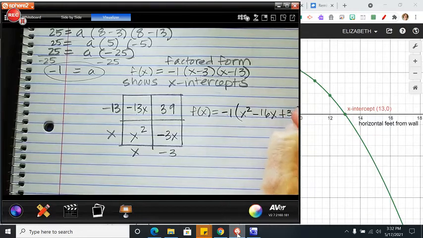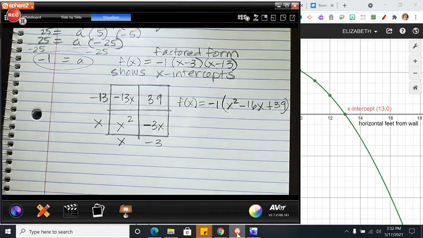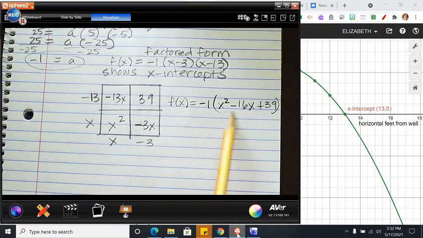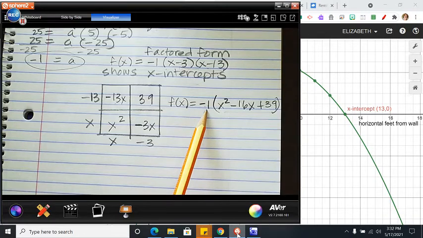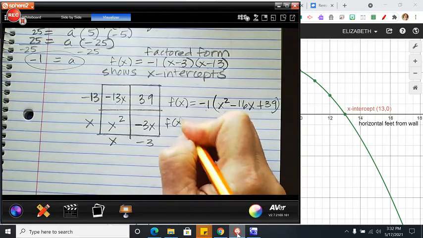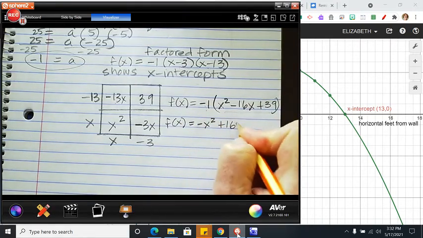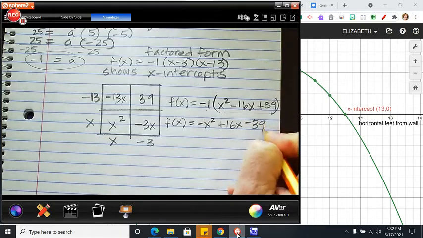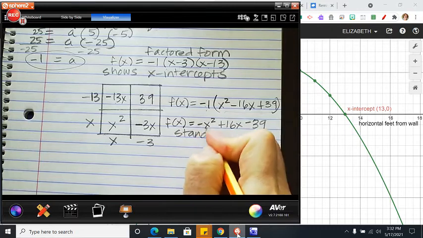So all I did, I know that was off the screen a little bit, I just multiplied x minus 3 times x minus 13, which gives me this. This negative 1 is still going to reflect it. It's going to flip it over. So I could simplify that a little bit further and write that as negative x squared plus 16x minus 39. That is standard form.